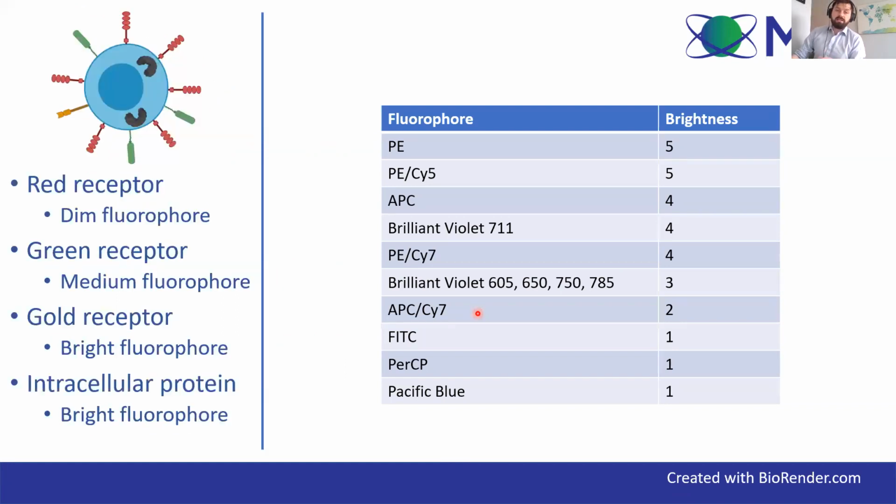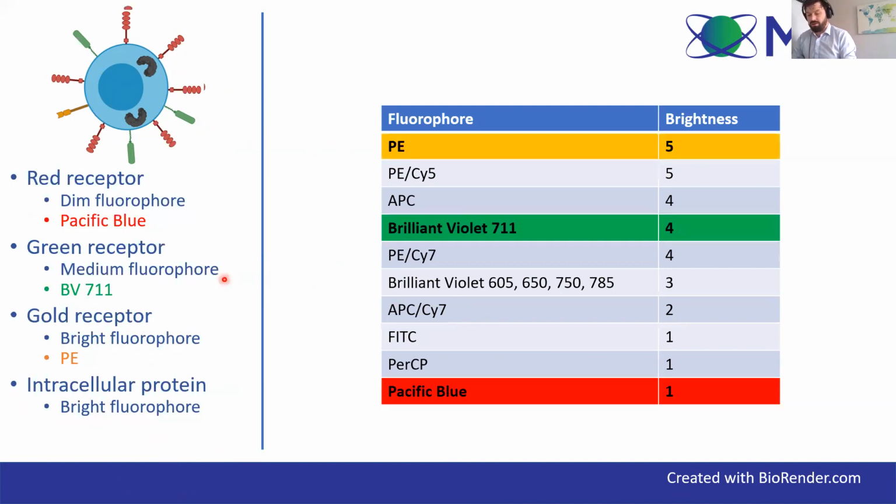So now we'll take these guidelines into account and pick some fluorophores for our panel. We'll go back here, and the only change we've added is that now for our intracellular protein, we need another bright fluorophore. So we need a dim one, a medium one, and 2 bright ones. Our old panel that we used for our cell surface proteins used PE, Brilliant Violet 711, and Pacific Blue.